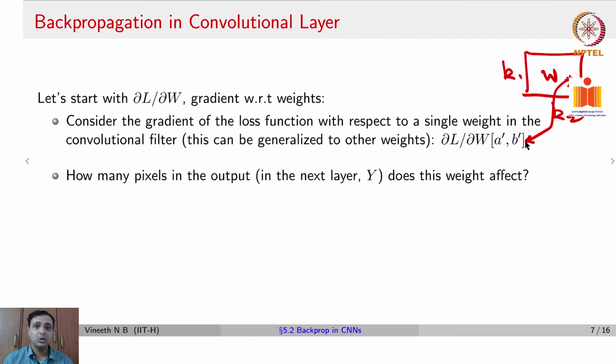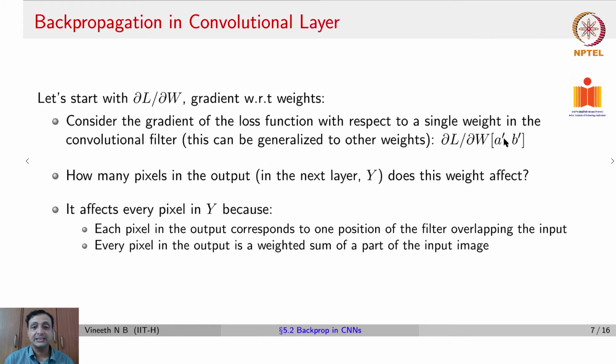Because remember, the way backpropagation is done, all the values that a particular pixel impacts in the next layer, we have to accumulate all those gradients back into the gradient at that particular pixel. This is what we saw with feed-forward neural networks. So in this case, the question is, if we took the weight at A prime, B prime, what all pixels in the next layer's map does that particular weight affect?